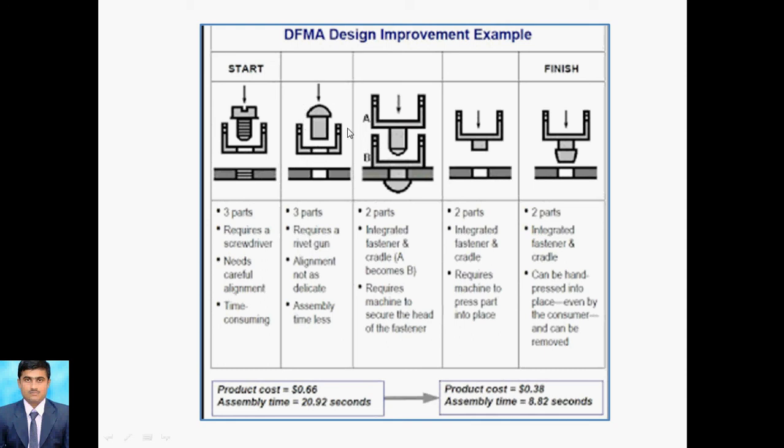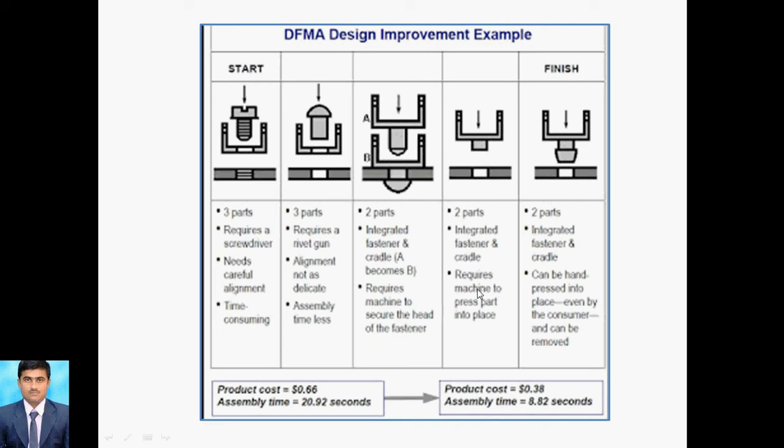After that we redesign and rethink, and we can implement two parts by integrating the fasteners also. It requires head assemblies, and these three parts will be required over here, so this is also complicated.